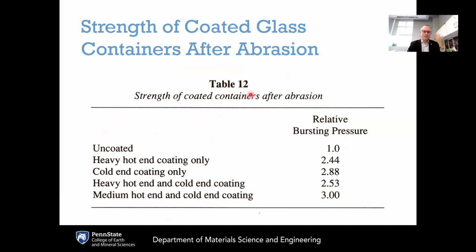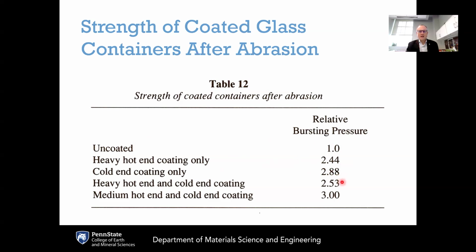of the material. An example of this shows the strength of coated glass containers after abrasion. This is showing the relative bursting pressure of a glass bottle, where the uncoated glass is normalized with a relative bursting pressure of 1. If there is a pretty thick hot end coating only, that burst pressure increases by a factor of 2.44. If there's a cold end coating only, it increases by a factor of 2.88.